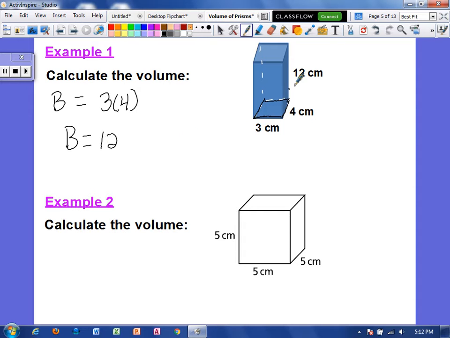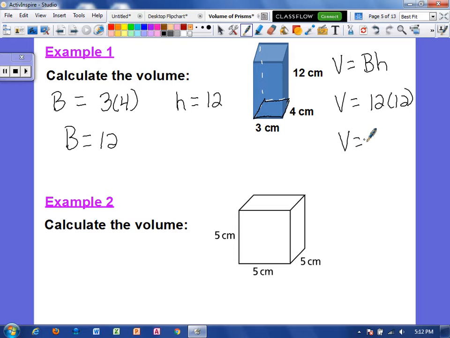So now we're going to find the height of the prism. So the height of the prism is going to be 12. So now volume equals the area of the base times the height. The area of the base is 12 and the height is 12.